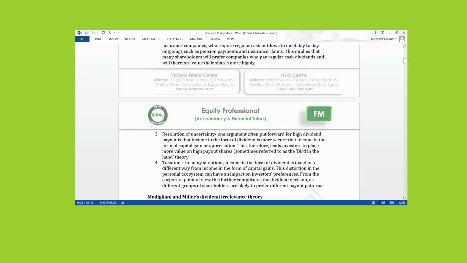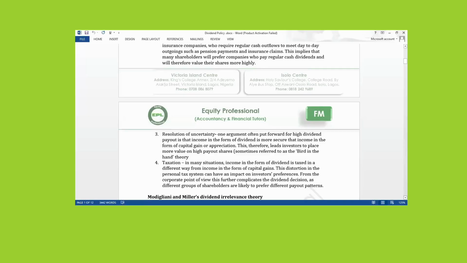This distortion in the personal tax system can have impact on investors' preference. Some investors may prefer capital gain.